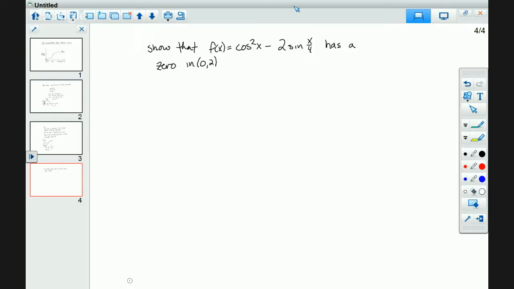Locate the 0 accurately using the bisection method. The bisection method is not especially important, but it does help you zero in on the 0.